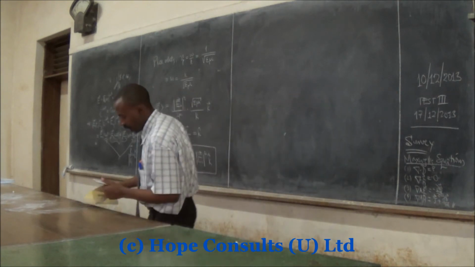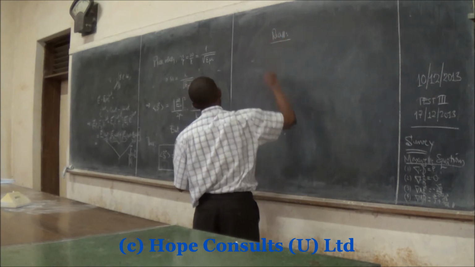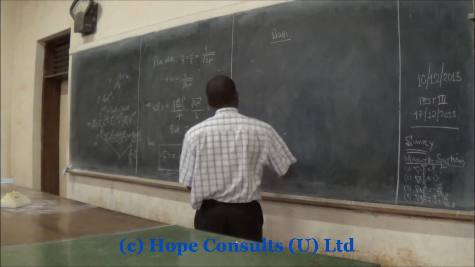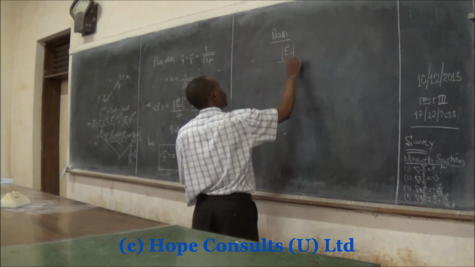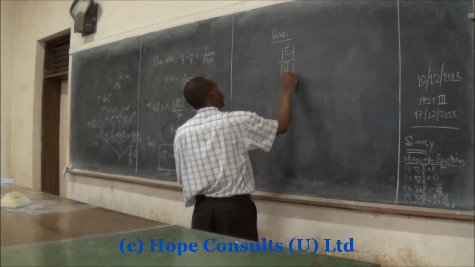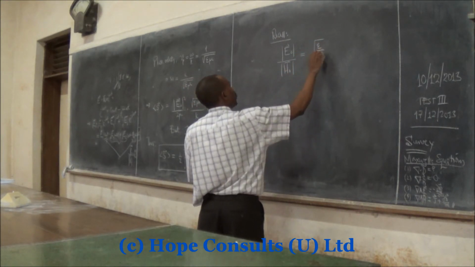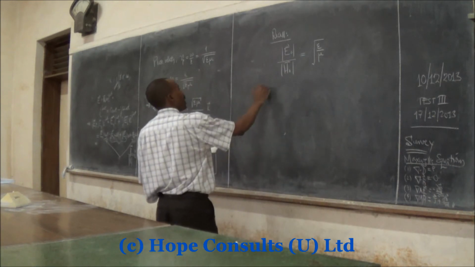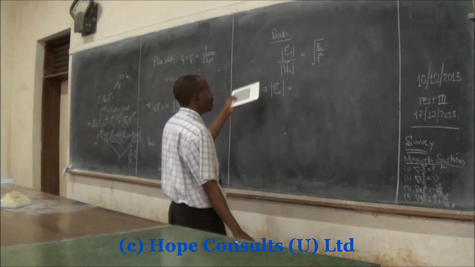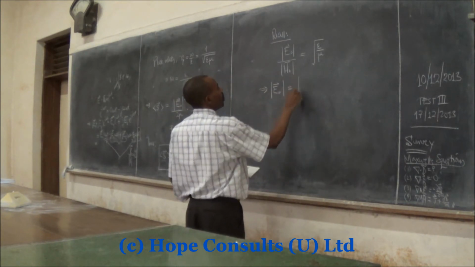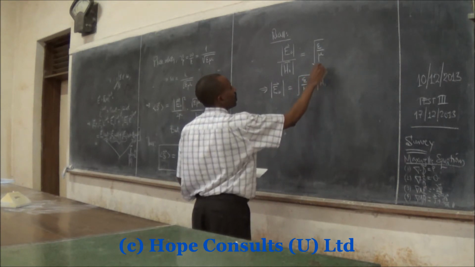Okay, so we need to recall that actually, in order to get to 2, our E naught divided by H naught was the same as the root of epsilon over mu, implying that our E naught amplitude, if we made it the subject, would be the same as root epsilon over mu multiplied by H naught.